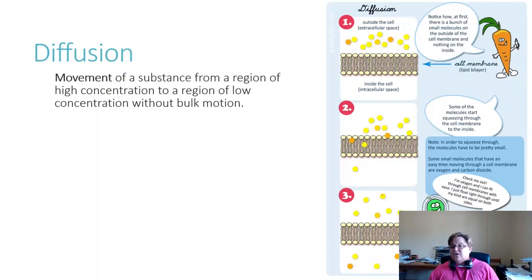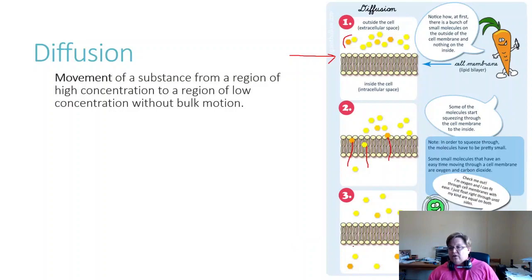So if we start with a semi-permeable membrane and fluids on either side of that, you're going to see in this first image more solutes on top than there are below. As diffusion works, these solutes are going to move through the semi-permeable membrane so that we end up closer to an equivalence between the two sides.